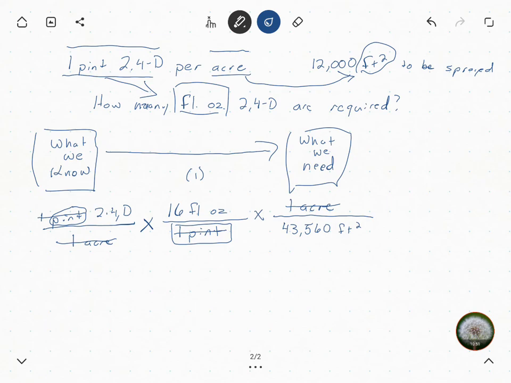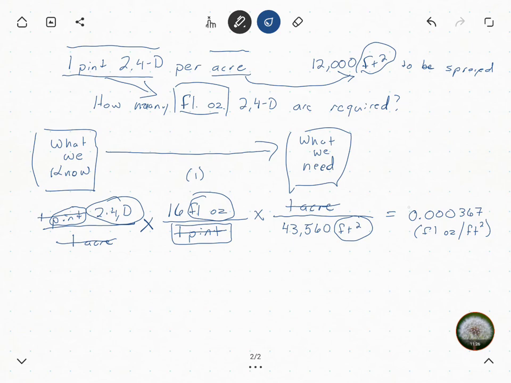And what we are left with in our units is fluid ounces of 2,4-D per square feet. And so if we actually run the math through, so basically we're getting 16 divided by 43,560. If we run that calculation through, we get 0.000367. Okay, and the units again are fluid ounces per square foot.